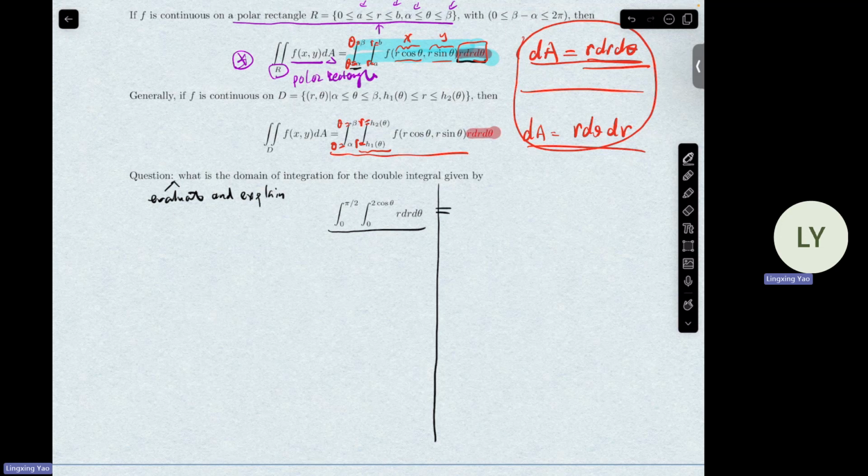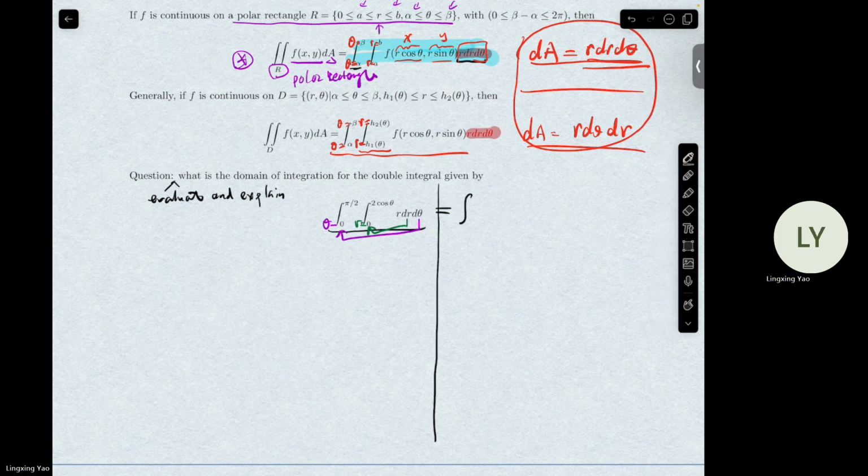If we want to evaluate this, what are we going to do? We have to be sure this is for theta, and this is for r. Okay, so we can just evaluate this first to see what we're going to get.